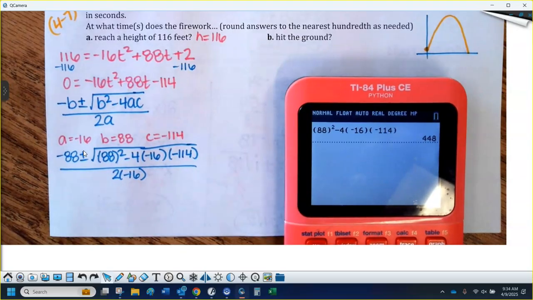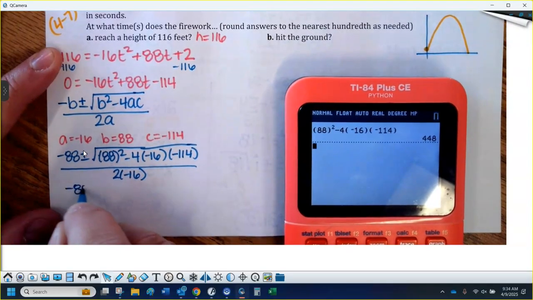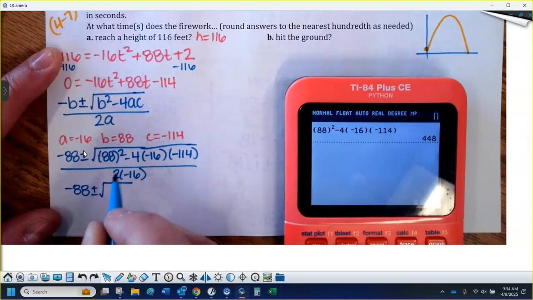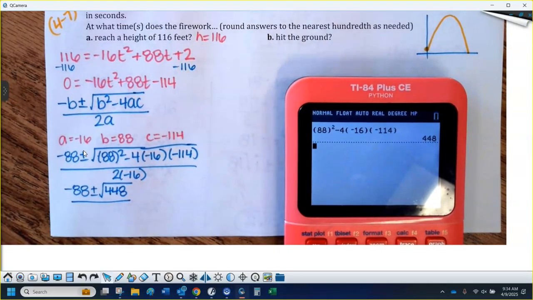There we go. You can just type it right into the calculator. So we'd have -88 plus or minus the square root of 448. And I'm not asking you to break down that radical. If you look back to the directions, it'll say round to the nearest hundredth. We're just going to type this into the calculator here in a second.